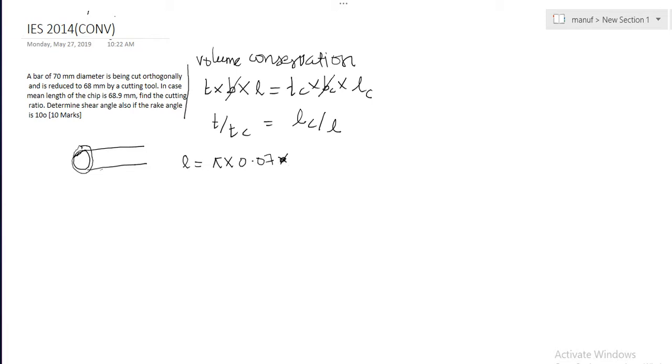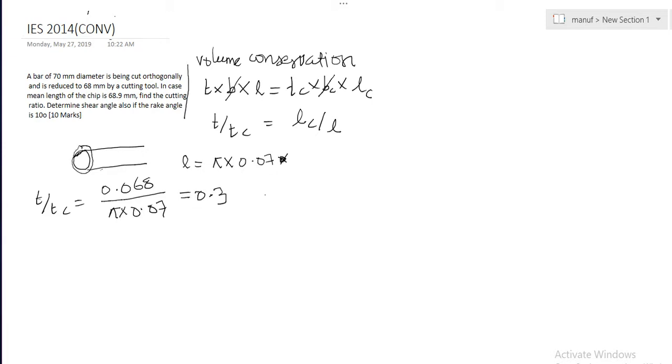So I can find out T by TC equal to 0.068 divided by pi into 0.07. So this will become 0.3, and here we are given with alpha equal to 10 degrees.